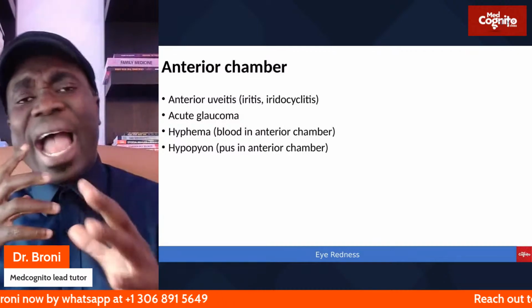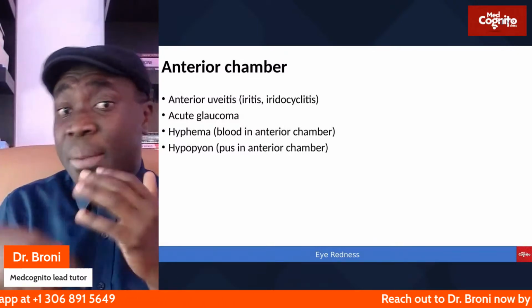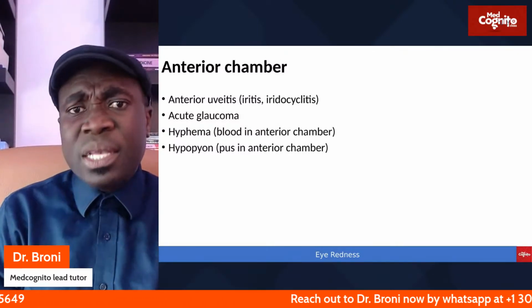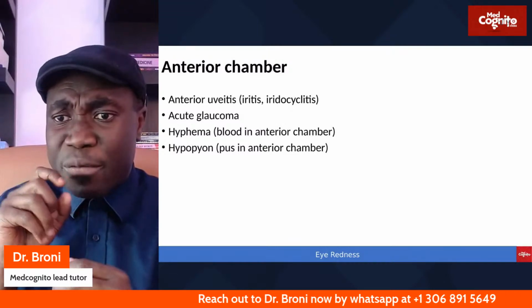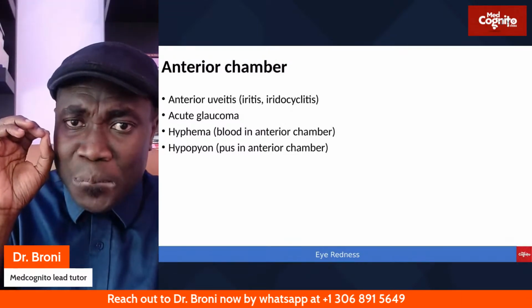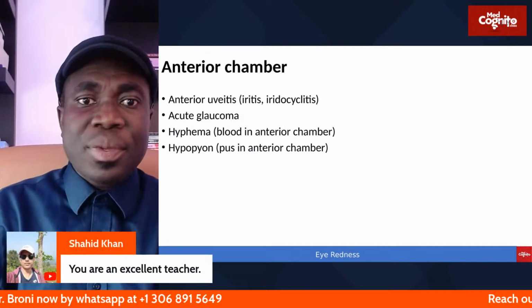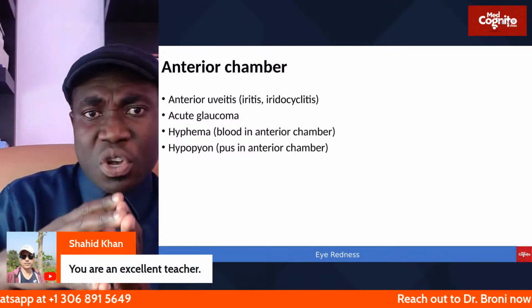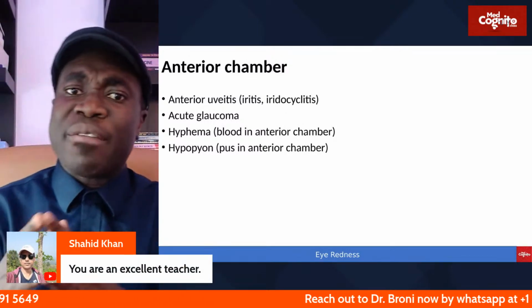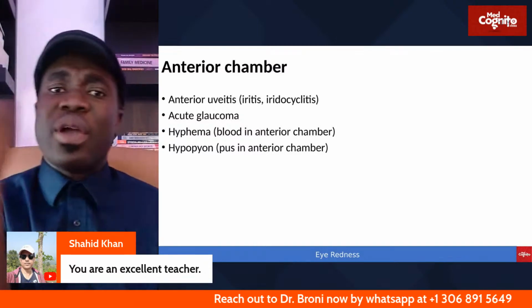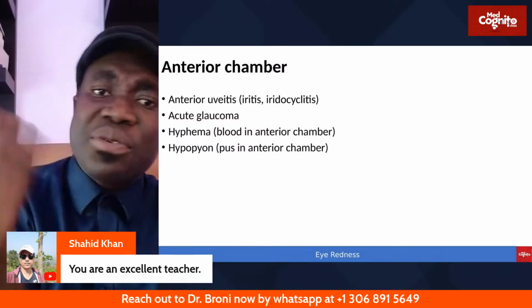And then the eye also has what we call the anterior chamber and the posterior chamber. So in the anterior chamber, we have anterior uveitis. Okay, we also have acute glaucoma. We also have hyphema, which is when you have blood in the anterior chamber.